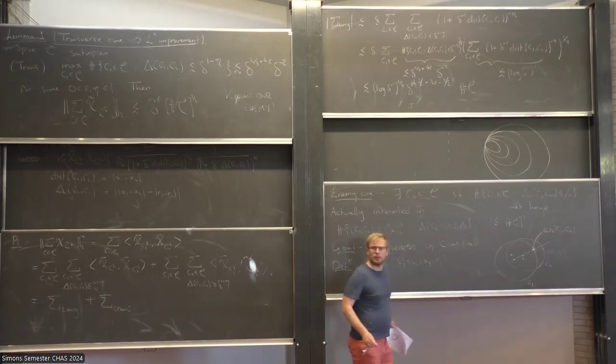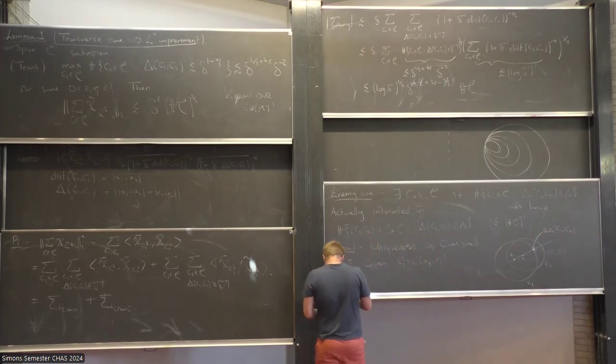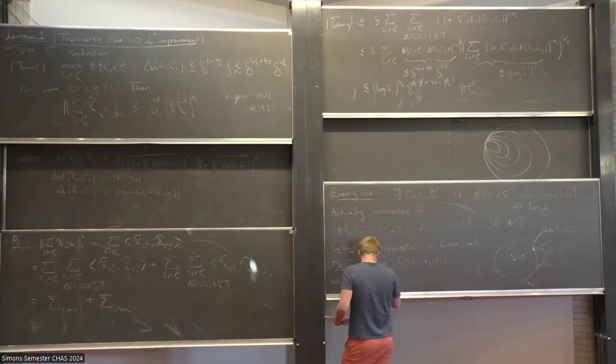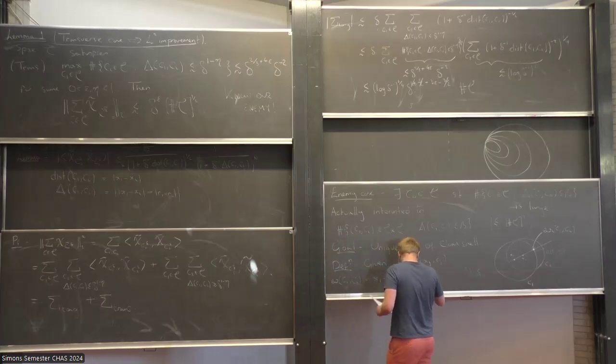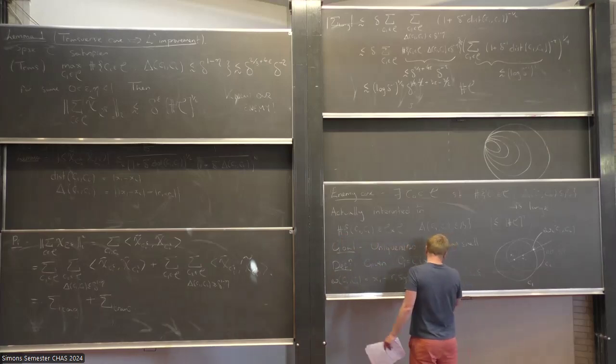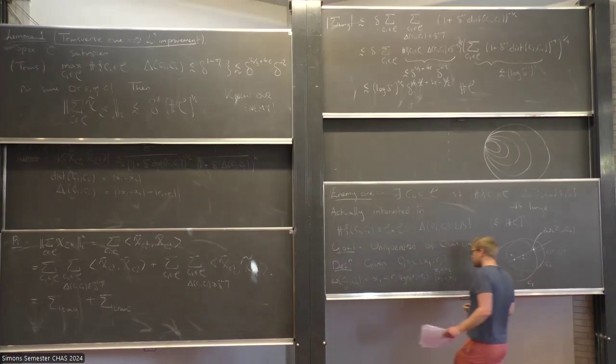There's a simple formula for this, which is probably not very helpful compared to the picture. It's just given by x1 minus r1 times the sign of r1 minus r2 times the direction of the vector minus the distance to the center.